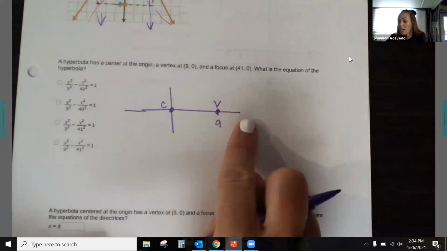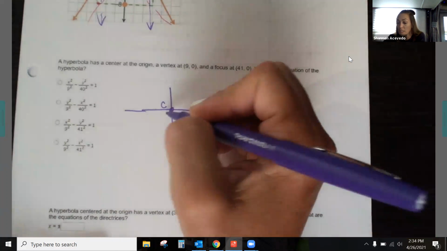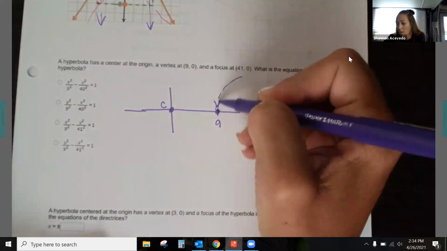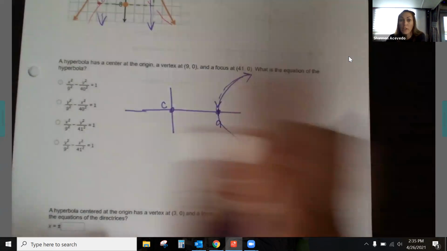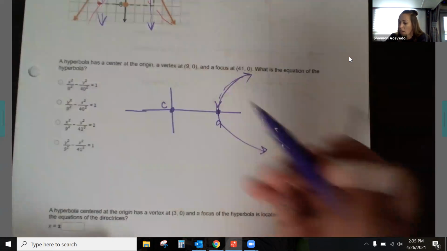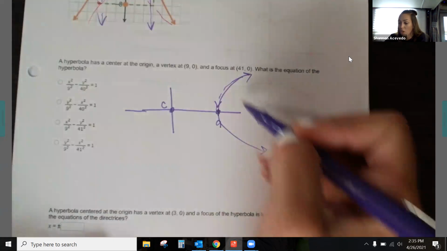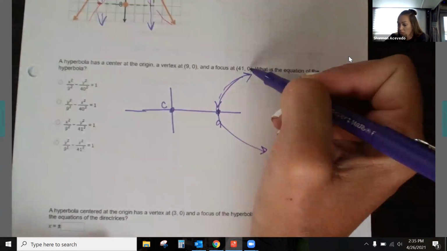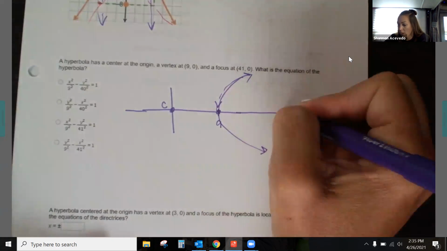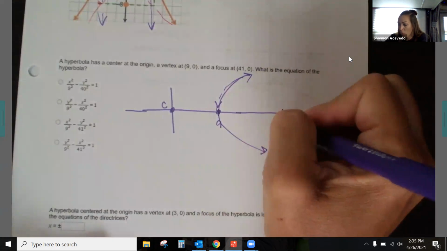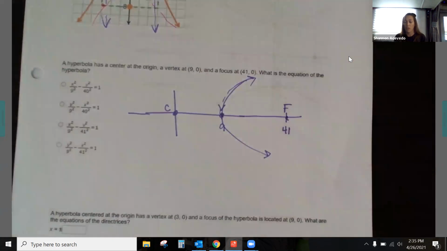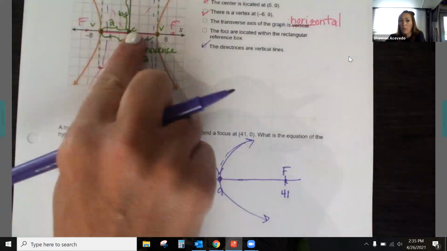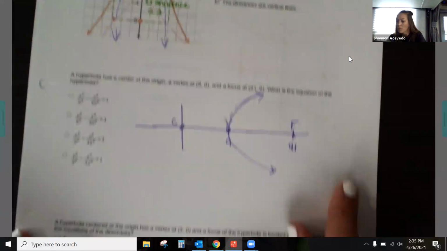Because my vertex is here and my center is here, I know that my graph is going to open in this direction. Another piece I could use is that my foci are at 41, 0, and my graph would have to have those on the inside. So that's another way to confirm. They're always going to open away from the center.